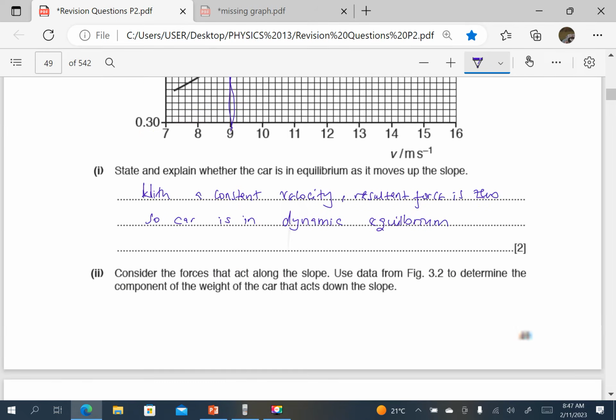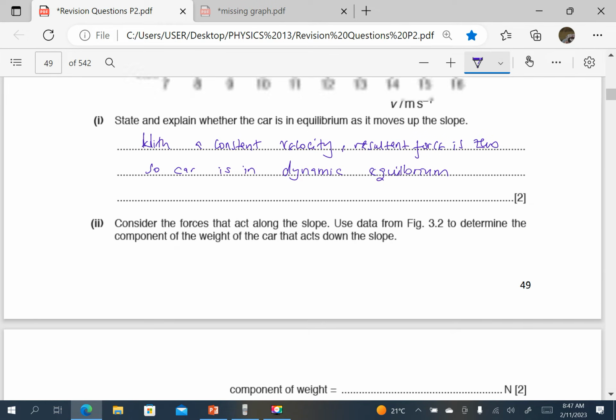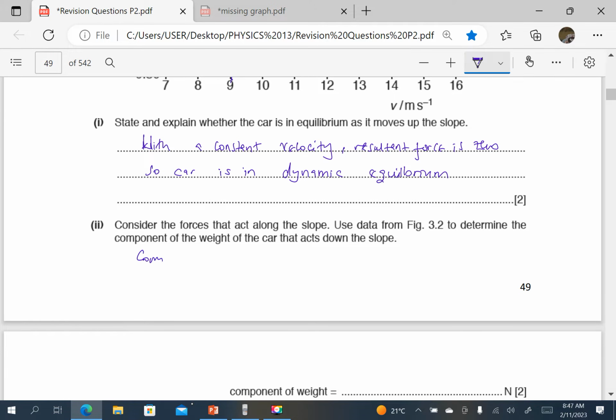So the component of the weight down the slope plus the resistive force should be equal to the force of the car engine, simply because the resultant force is 0 as the velocity is constant.